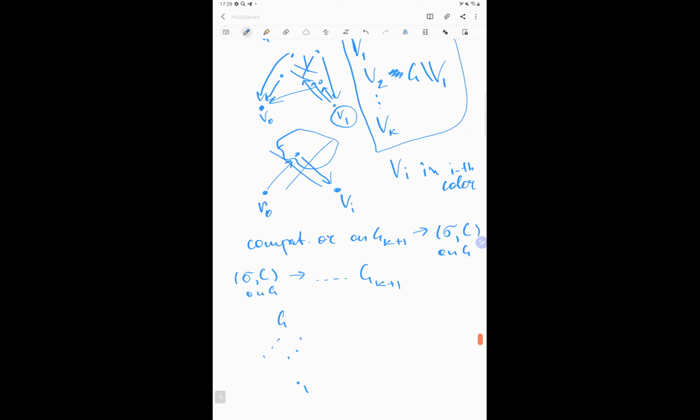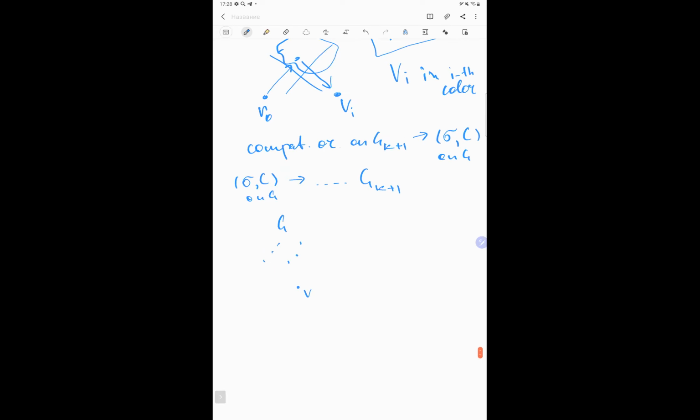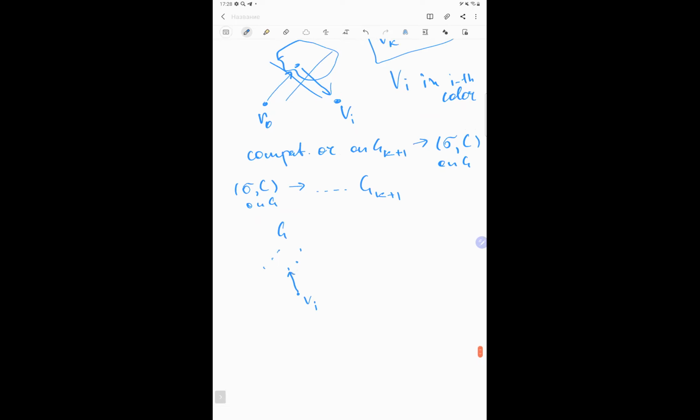For example, this is one of the boundary vertices, and we orient the edge from the boundary vertex to the inner vertex if the inner vertex is colored in its color. So we get the bijection, and the theorem is proved.